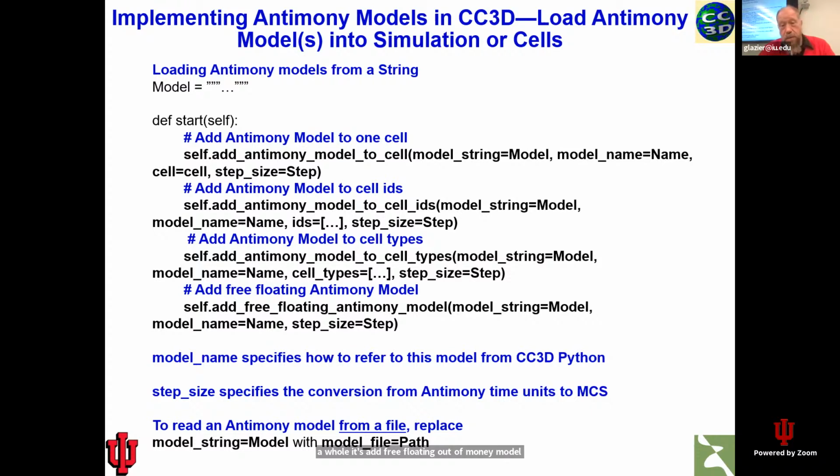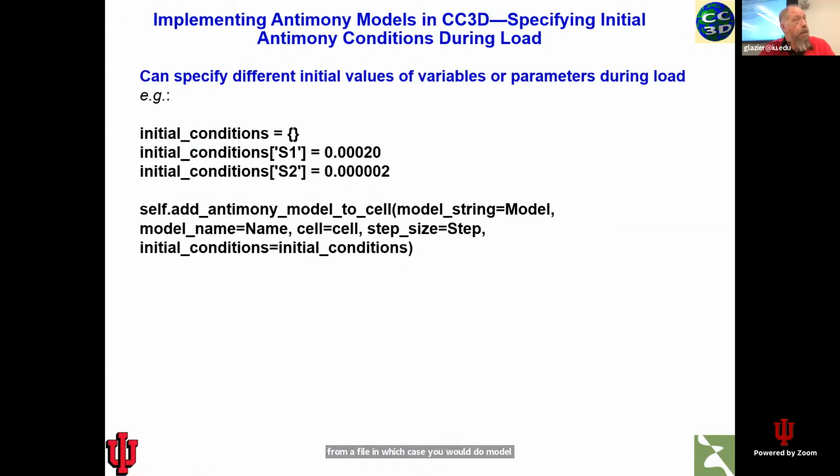There is an optional parameter in the load, which is step size, and that specifies the time unit conversion between antimony and Monte Carlo steps. You have the option also of loading from a file, in which case you would do model underscore file equals and then the path to the file that you want to load.